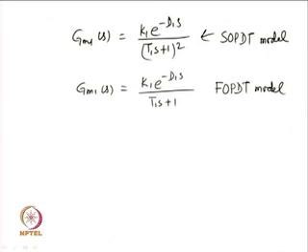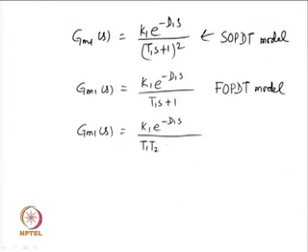Now, can we take any other sort of models? GM1(s) is equal to, say, K1 e to the power minus D1 s upon T1 T2 s square plus (T1 plus T2) s plus 1.